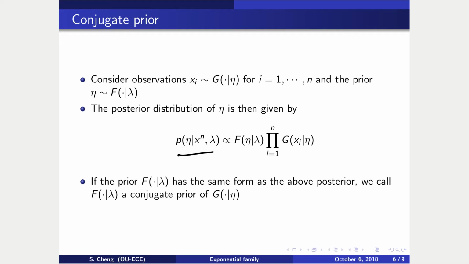In that case, doing Bayesian inference is very simple, because whenever we multiply by the likelihood, we essentially are still in the same family of distribution. It's not even just the family, it's the same type of distribution. Then we just update the parameter lambda to basically get the new updated inference.